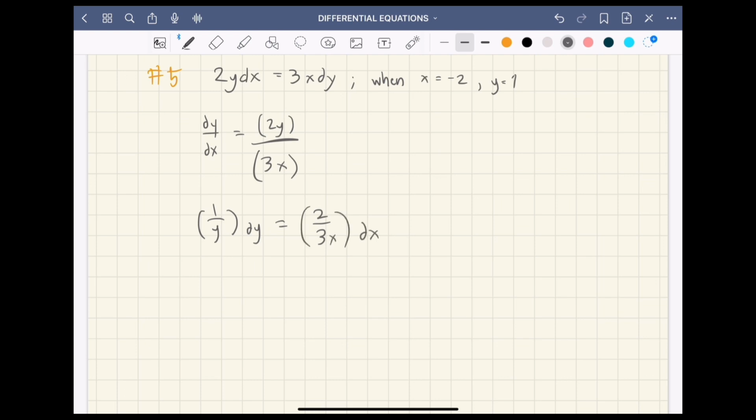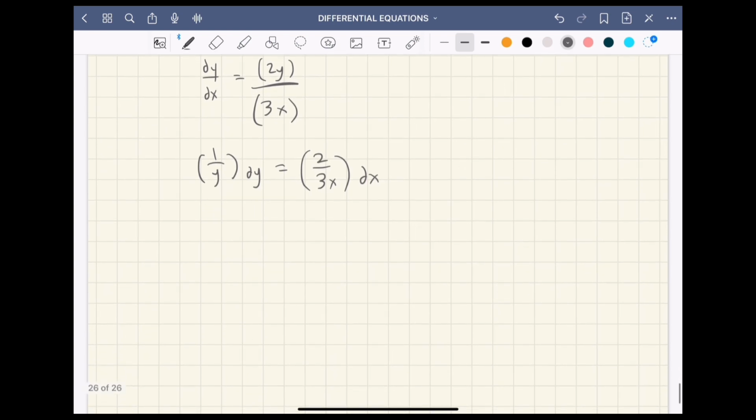Next, we integrate both sides, and we get ln of y equals 2/3 ln of x plus c, where c is the constant of integration.